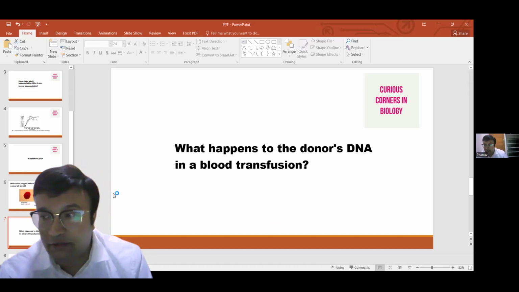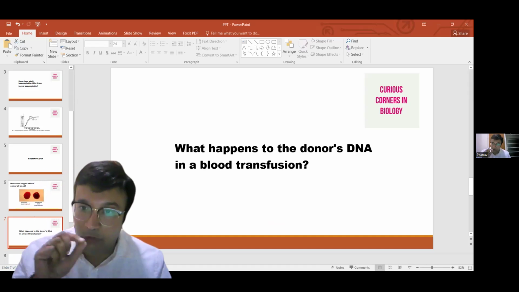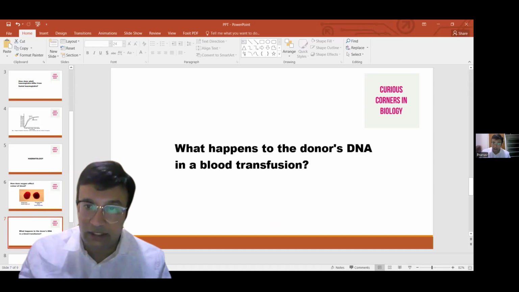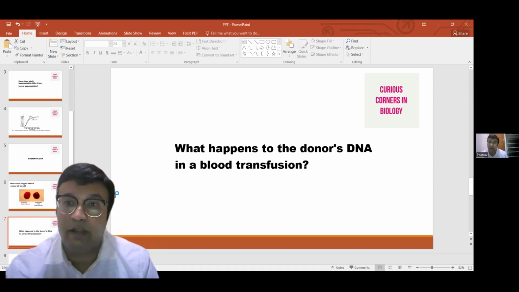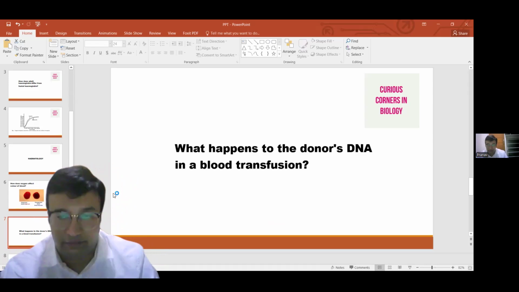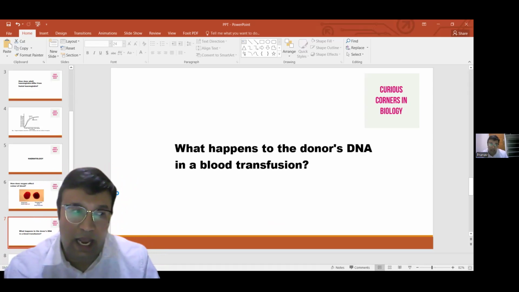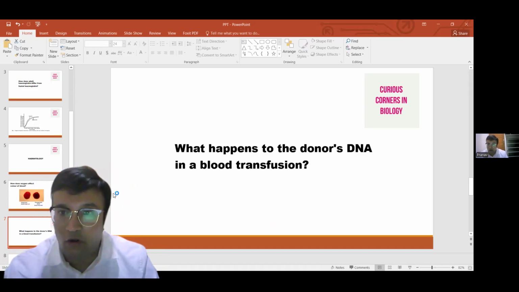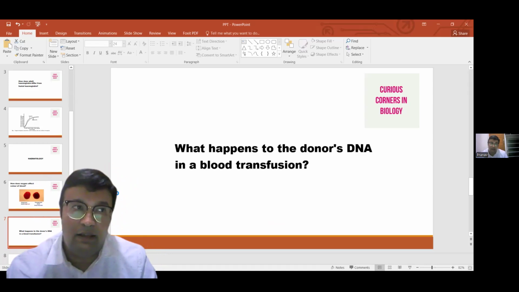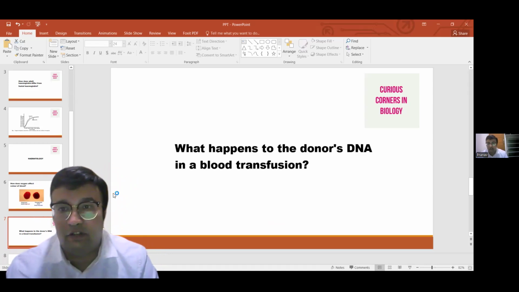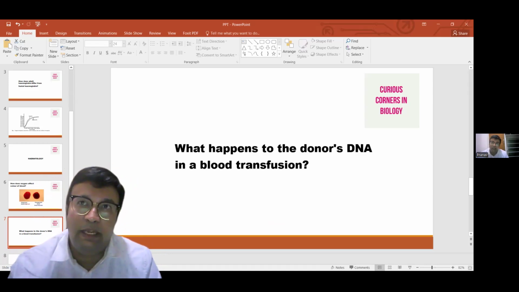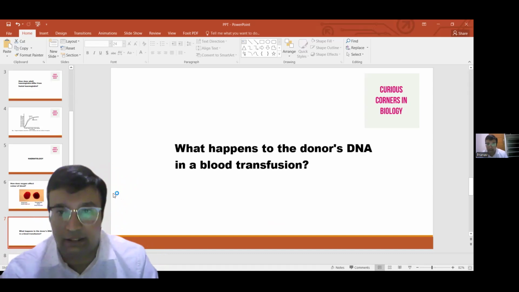Now, when blood transfusion takes place, WBCs from donor's blood also enter the recipient's blood. Okay. So they will remain there. And this remnant of donor WBCs in normal cases of blood transfusion would be around for a few weeks.